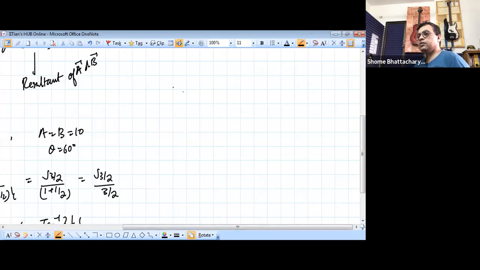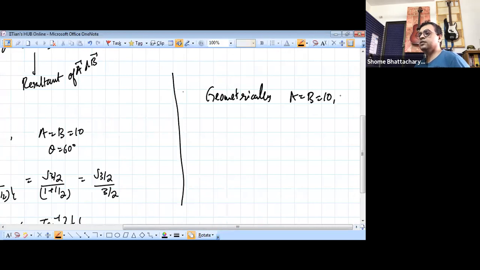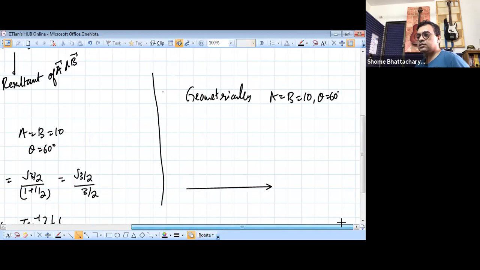So if we go geometrically, we can see that magnitude of A is equal to magnitude of B is 10 and theta is equal to 60 degrees. So when we draw the vector triangle for the sum of A and B, the triangle will look something like this.